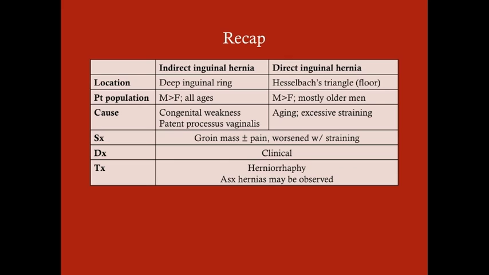With the direct inguinal hernia, it's males greater than females, although not the same preponderance as with indirect, and this is mostly older men. The cause for the indirect inguinal hernia is congenital weakness or patent processus vaginalis. The cause for direct inguinal hernia is aging and excessive straining.